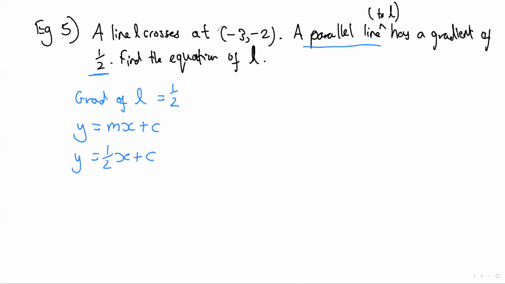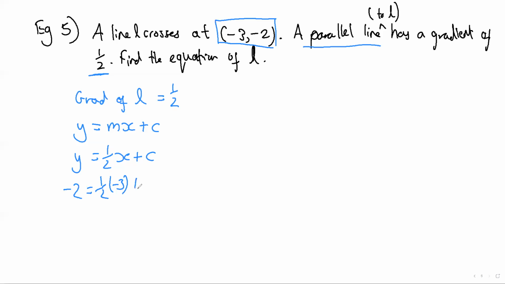And the way we do that is we use the coordinate that we've been given to put that into the equation. Remember, at the beginning, we learned that whatever value of x you put in, you get the corresponding value of y on the line. So if x is -3, then y must be -2.